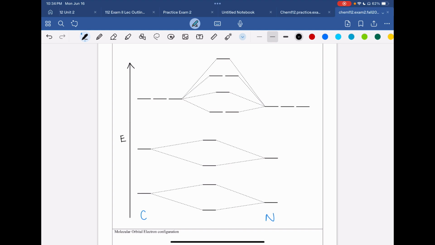So I'm not going to hold your hand. You should know how to do this, okay? This is for carbon, okay? This is your 1s, your 2s, and your 2p. Okay, for nitrogen, you should get, this is 1s, 2s, 2p.